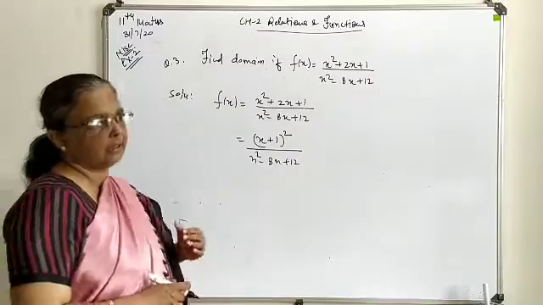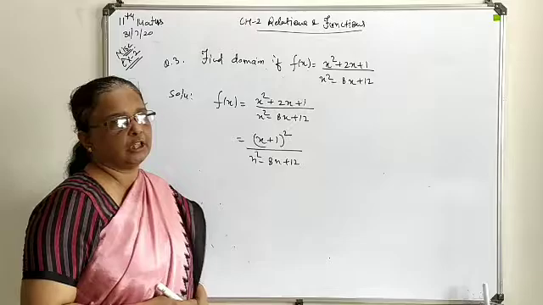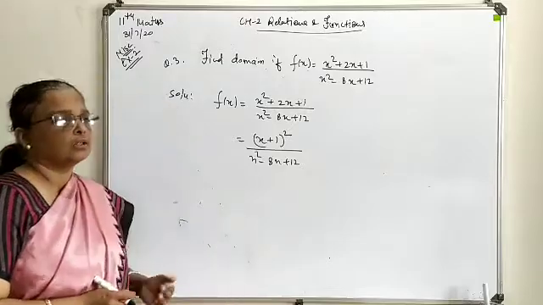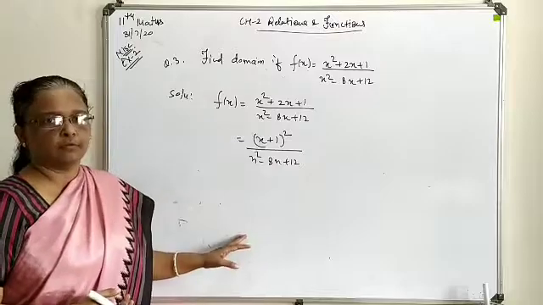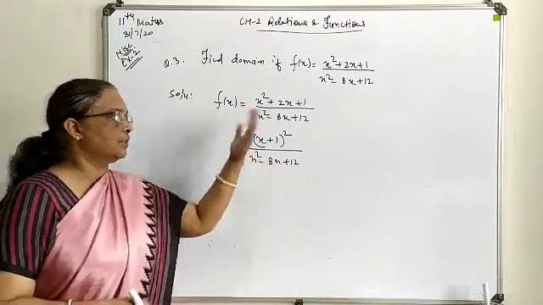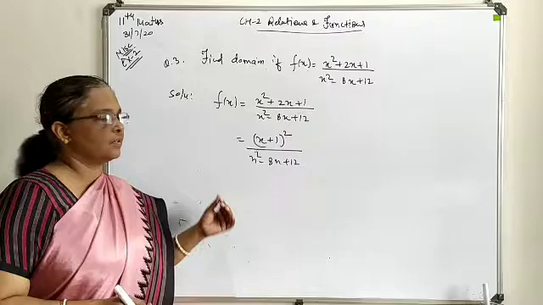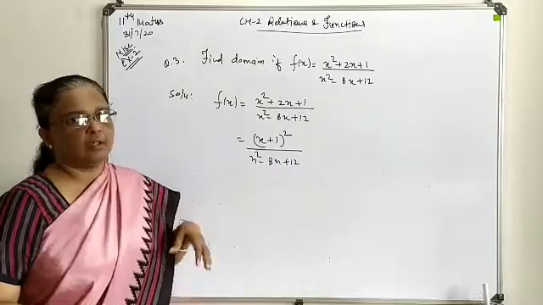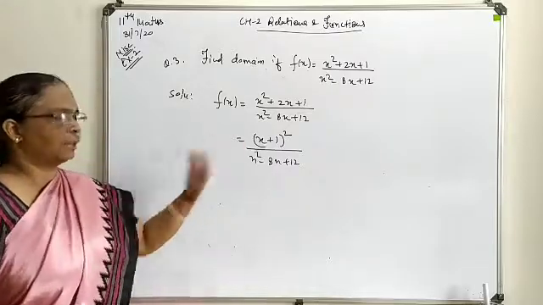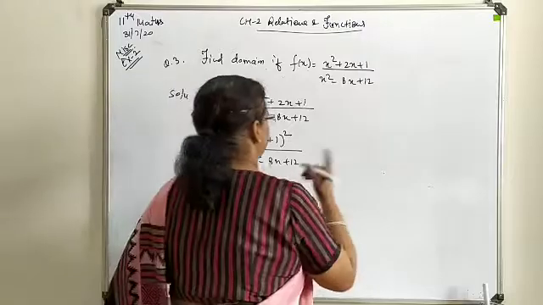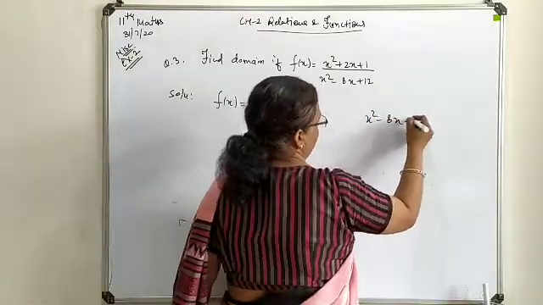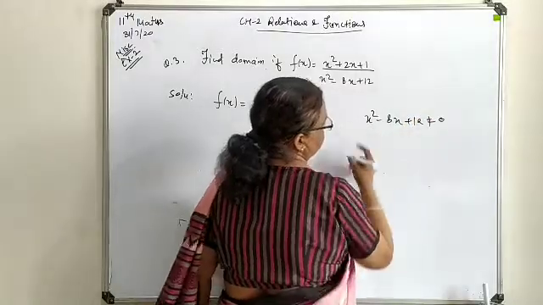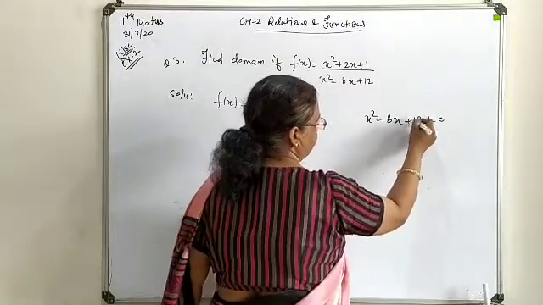Since this is a quadratic, it will give you two solutions. So we have to find the values of x for which this term tends to 0, and cut those values from R. Separately we will discuss the solution of that. It should not turn to 0.